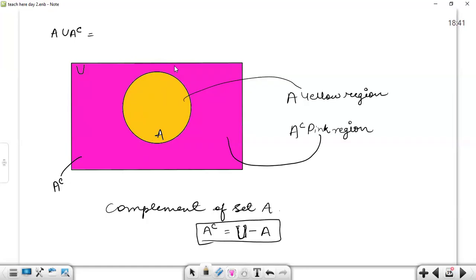Anyone? Go back to the discussion when we were discussing the Venn diagram. What was the rectangle representing? Universal. Yes. So if we combine the complement of A and set A itself, the universal set will be the answer.